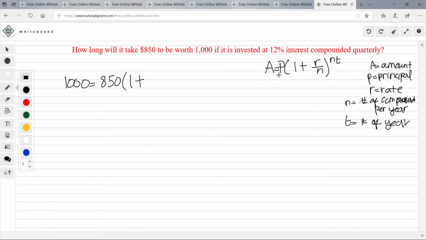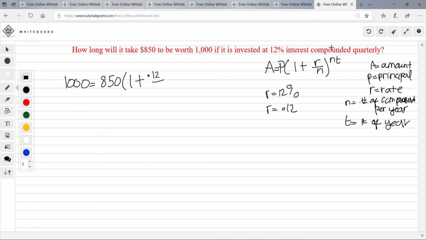Okay, now what is our rate? We said its rate is 12%, but we want it in decimal form, so we have to move it 2 places to the left. So our rate is 0.12, divided by n, which is the number of times compounded per year.